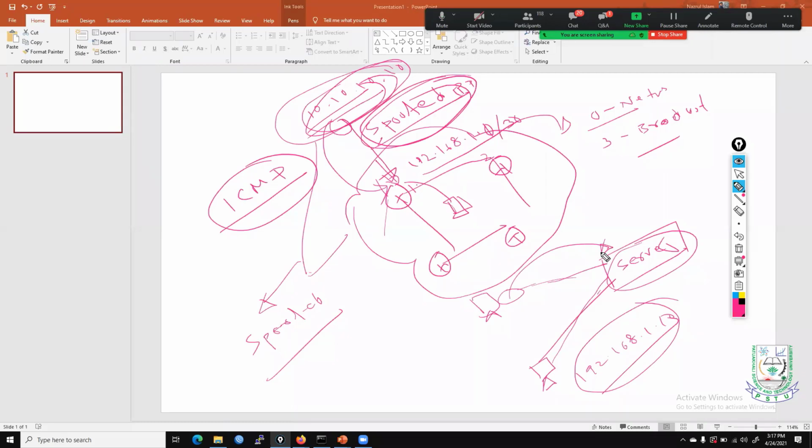How we can mitigate a spoofing attack, we will check out on the next slide.